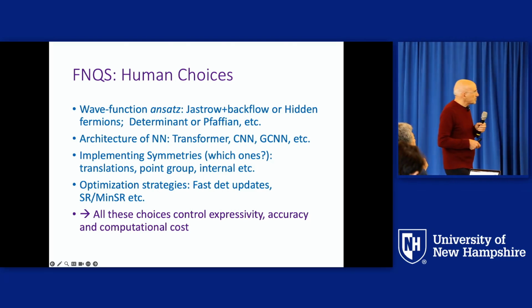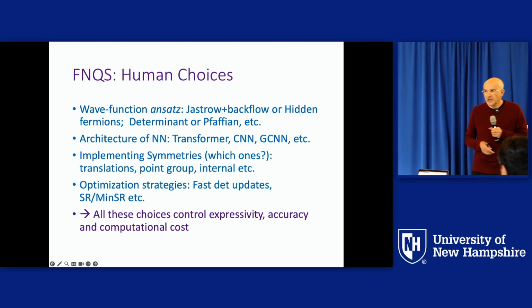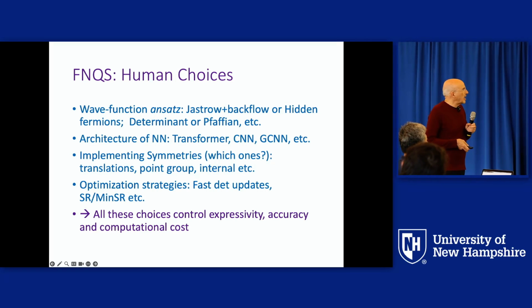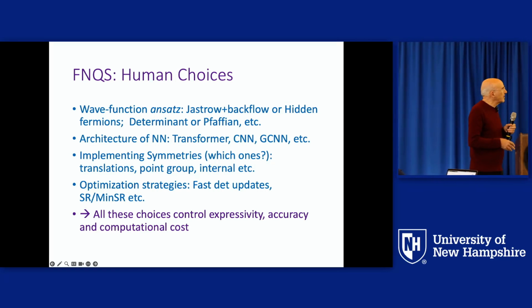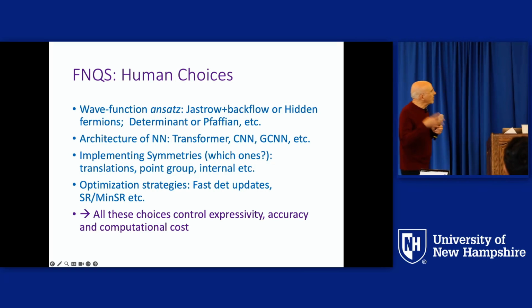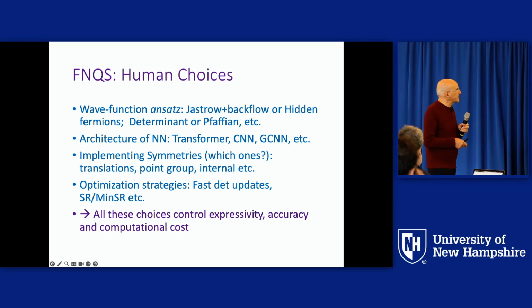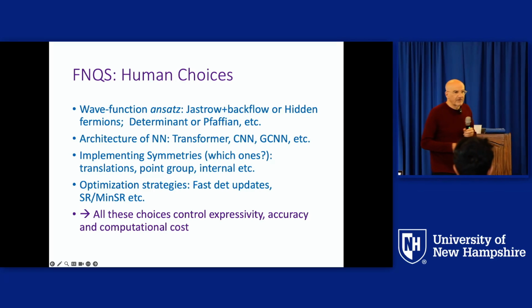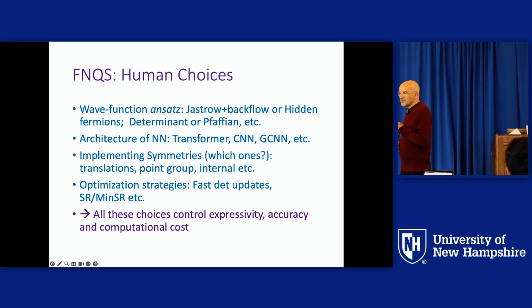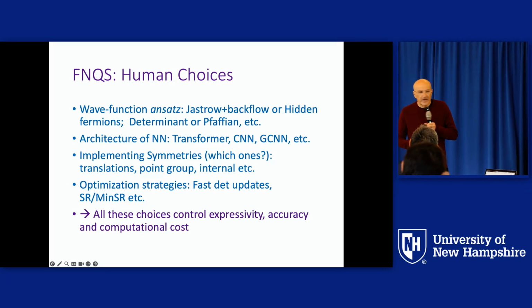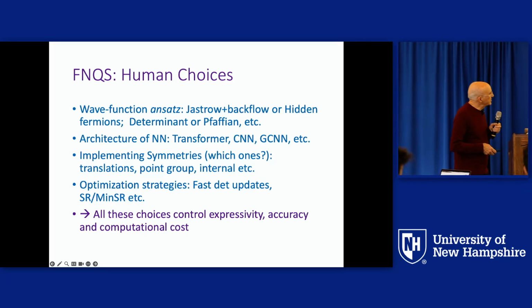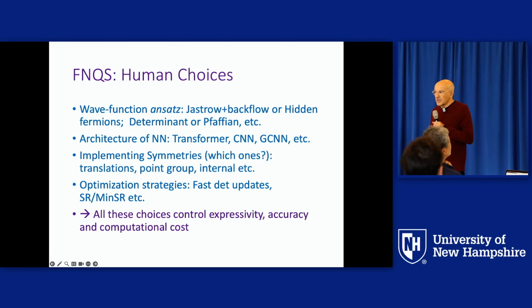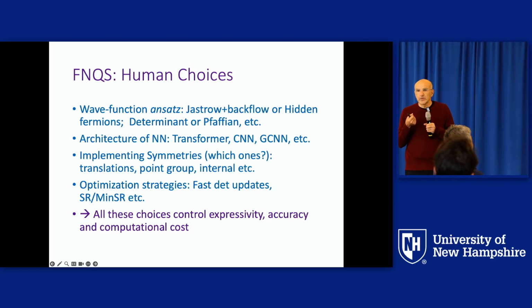Then, of course, you have to pick an architecture of the neural network or the different neural networks that are going to enter the parametrization of your wave function. There are many choices: transformers, CNNs, group convolutional networks, etc. A key point here is about symmetries. We have learned the hard way that symmetries are absolutely essential to ensure good energies and to improve optimization in neural quantum states. So which symmetries are you going to implement, and how costly is it to implement these symmetries?